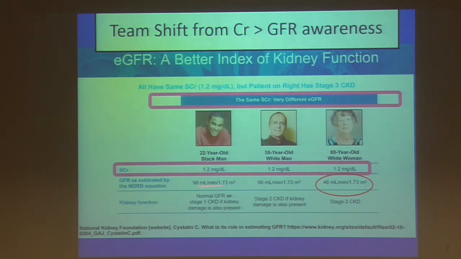Each one of these patients has a serum creatinine of 1.2. But the 22-year-old black man comes up with a GFR of 98. The 58-year-old white man, same creatinine, but his GFR is 66. And the 80-year-old white woman with a GFR of 46. So our approach to contrast for those different cases would be quite different, right?